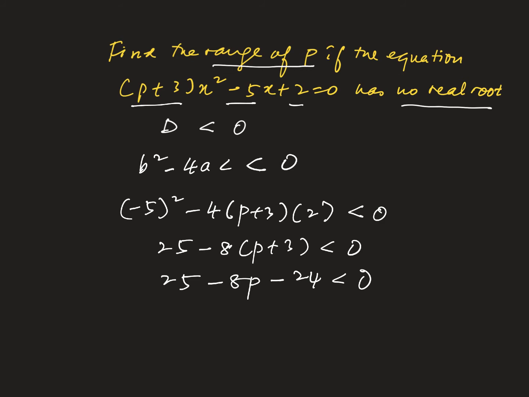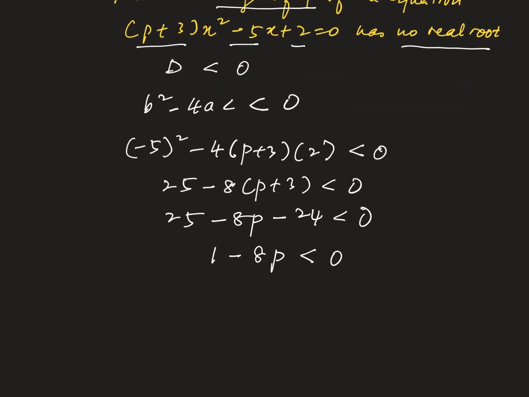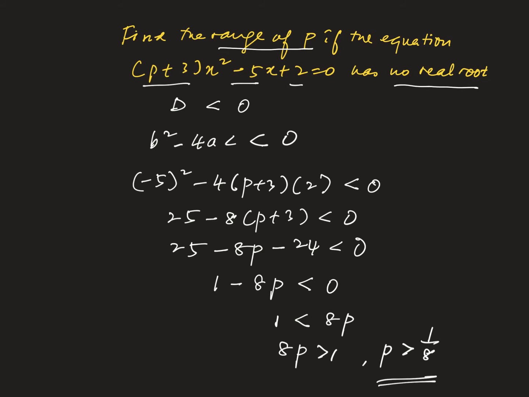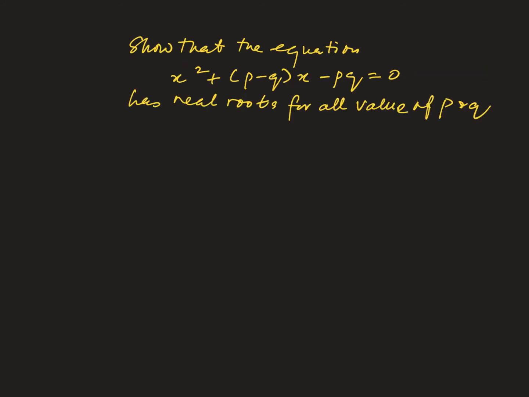So 1 minus 8p is less than 0, so 1 is smaller than 8p, or 8p is bigger than 1. So p is bigger than 1 over 8. So when p is larger than 1 over 8, this quadratic equation has no real roots.